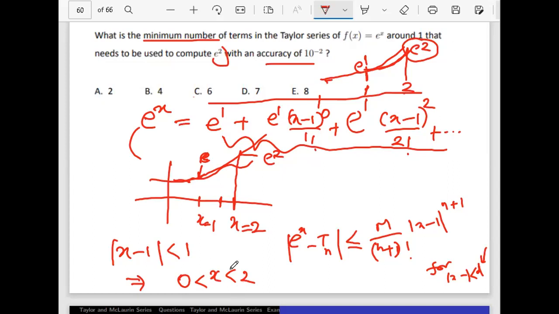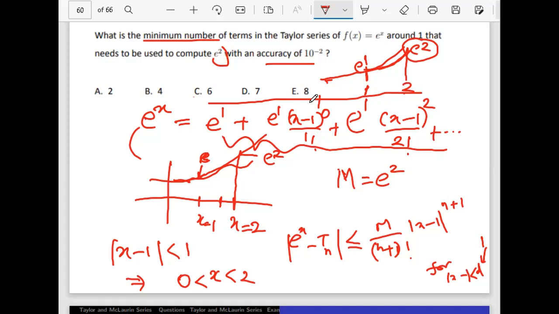Over this interval, we can say that the exponential function is bounded by e to the 2. So therefore we found M there. So M is e to the 2. Here d is 1, right?